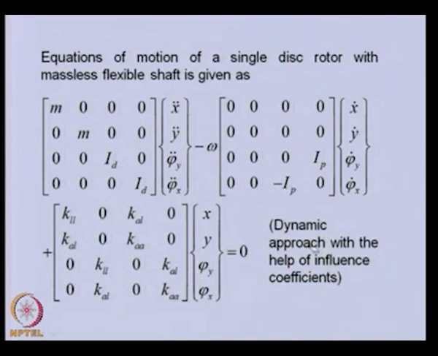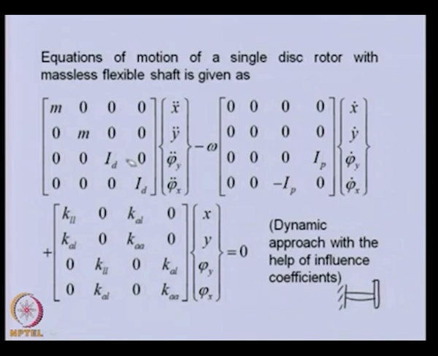So, in that particular case, we developed the equation of motion of a simple single mass rotor system like this, in which the mass of the shaft we neglected, and so this was the equation of motion which we derived earlier.